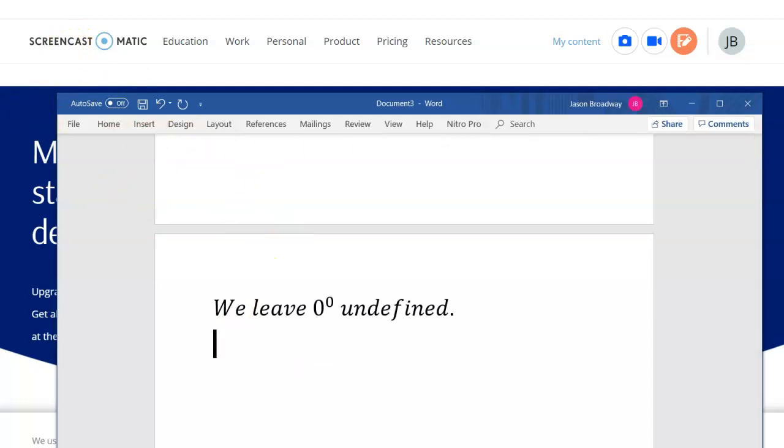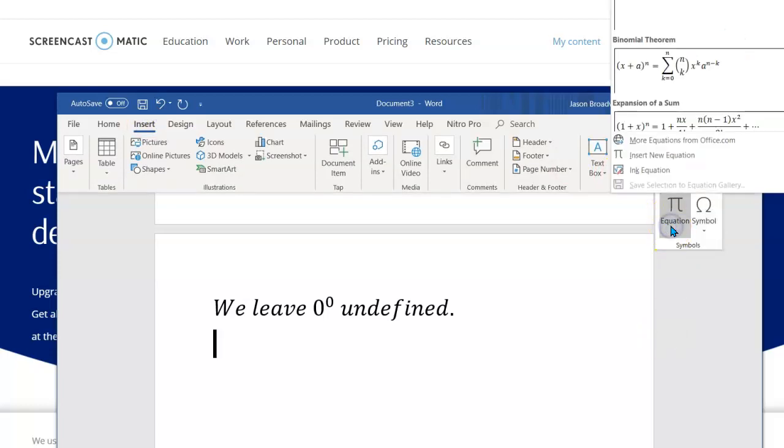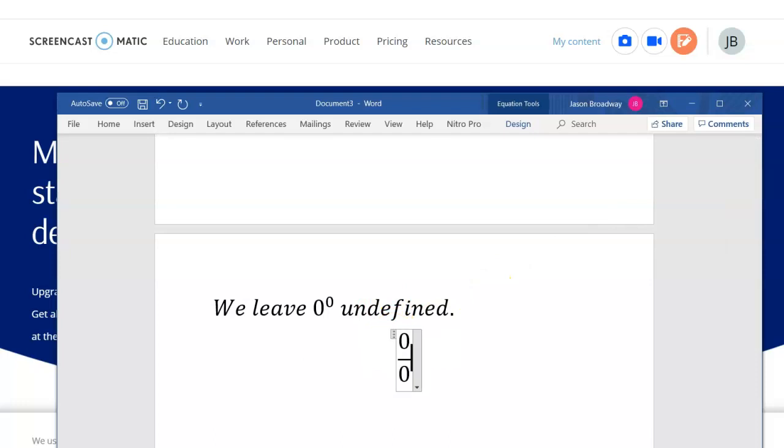It should be noted that you can never divide by 0. And we don't define 0 over 0 either. I'm 6 minutes in. 0 over 0 is undefined. Don't set it equal to 1, it's not. 1 over 0 is undefined.